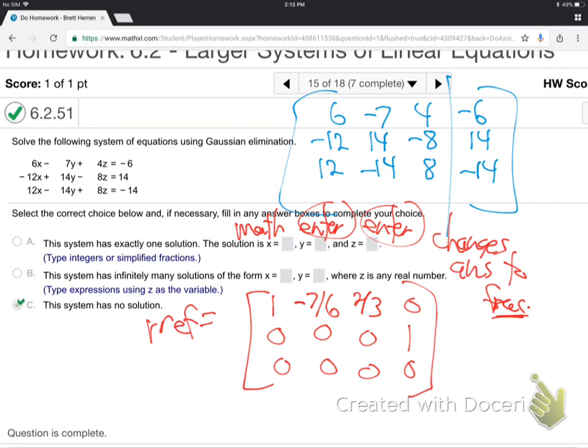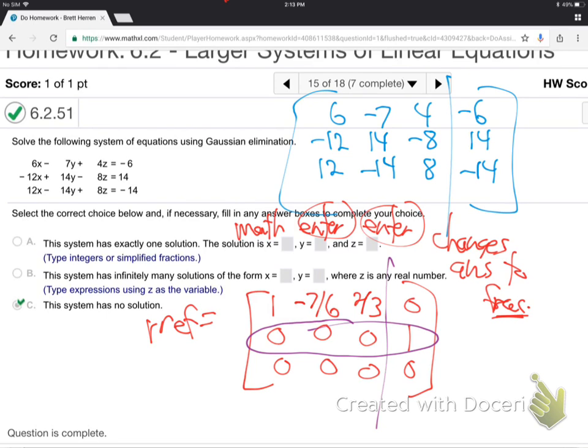You guys getting that? Okay, did you hit math, enter at the end to change to fractions like that, so it's nice to see on the screen? So, okay, so now why does that mean no solution? Because, remember, this is the answers on the right.